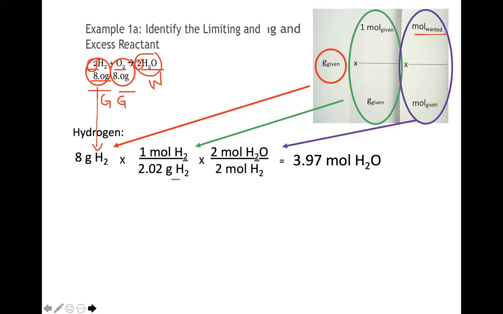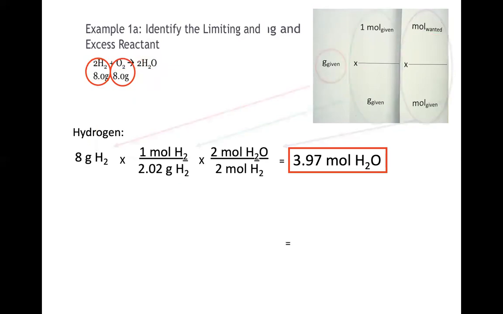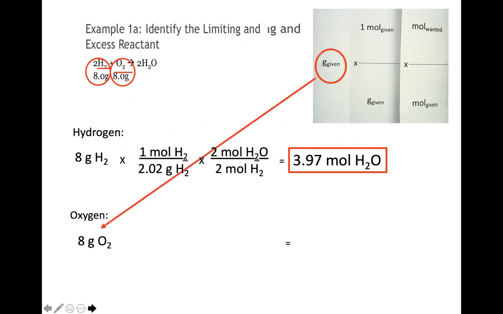And then you have to do the whole thing over again for O2 because we want to determine whether it's H2 that's going to limit us or it's O2 that's going to limit us. So you're going to write down your given, which was 8 grams of oxygen. You're going to multiply it by 1 mole given over grams given.